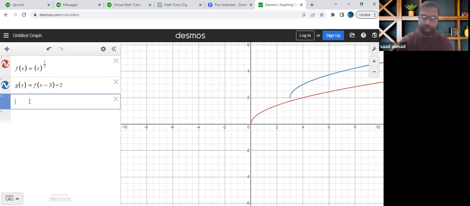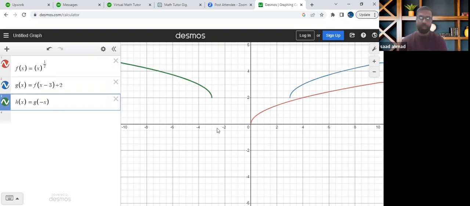Now we write a new function, h of x, equal to the reflection of the function g of x across the x-axis. And if we want to reflect it across the y-axis, then we put the negative inside. You see, it's reflected across the y-axis.